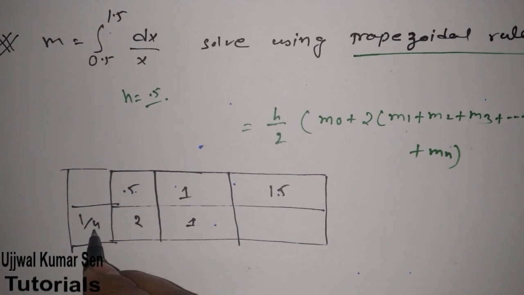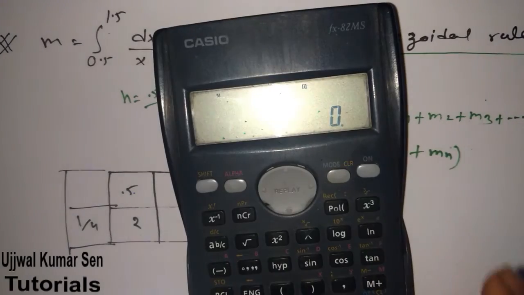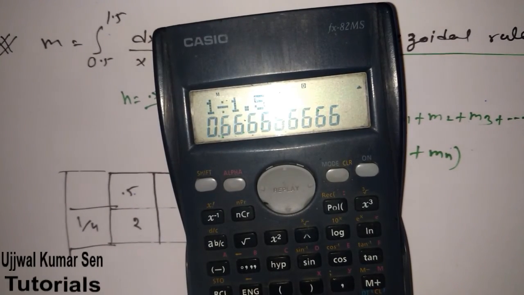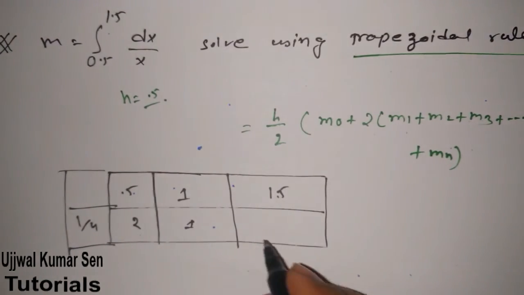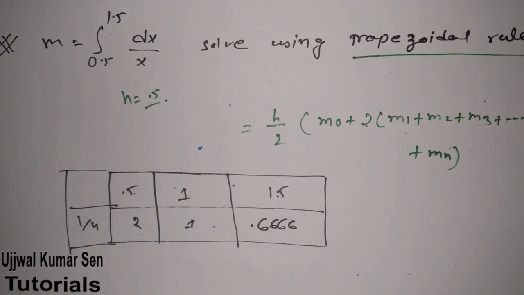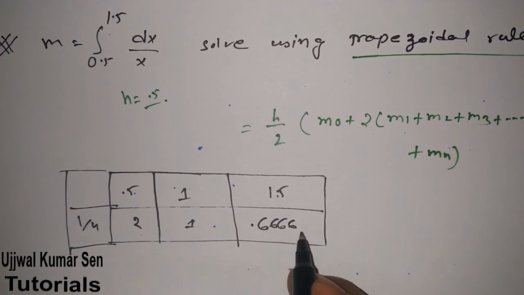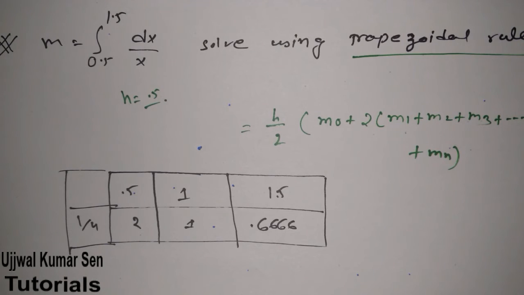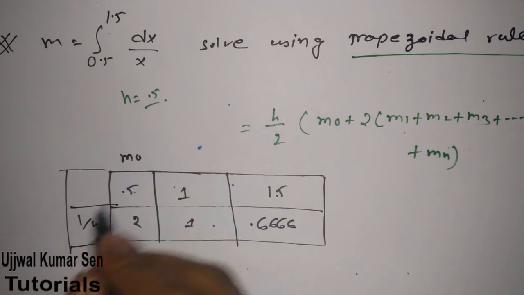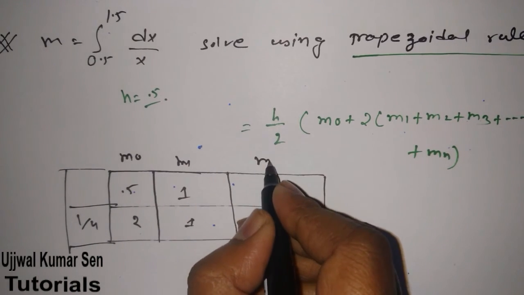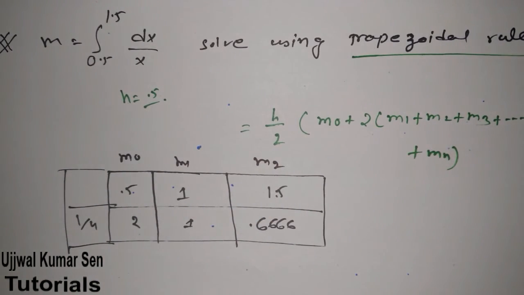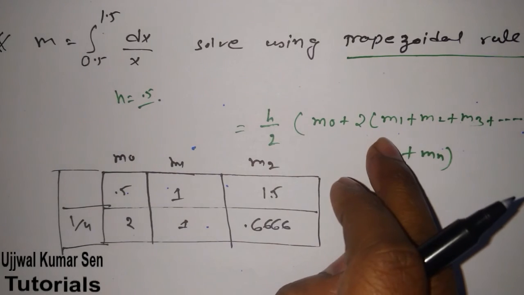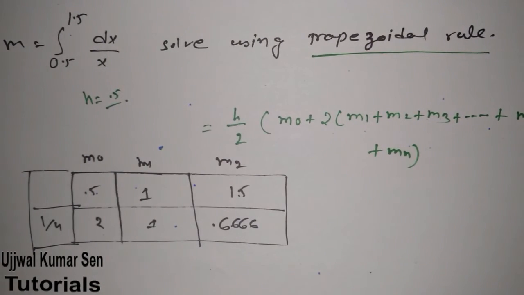If I put 1.5, then let me use the calculator, it's 0.6666. Take up to 4 decimal places always, to get the most accurate values. So here, this is m naught, this is m1, this is m2. This is the thing to understand and remember in this formula.